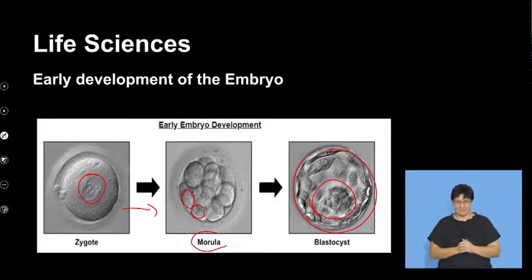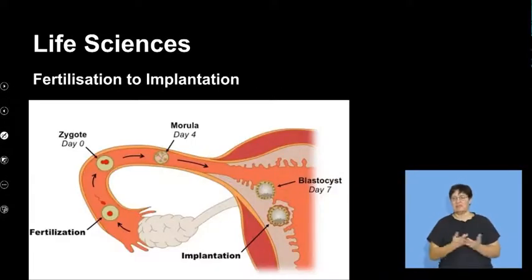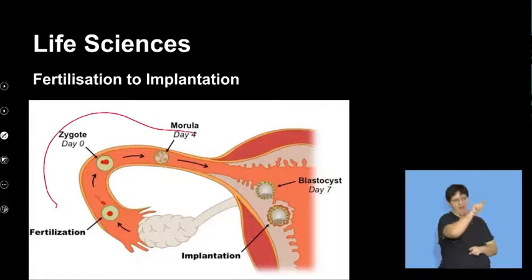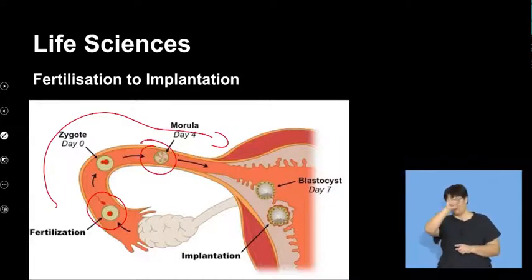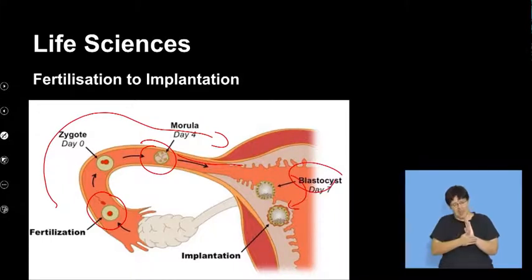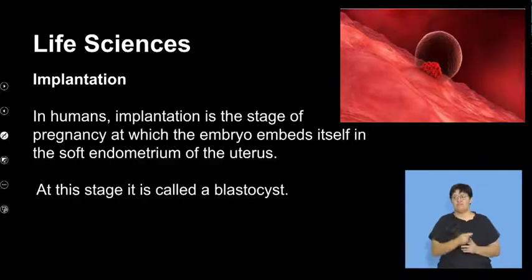And this blastocyst is now ready to be implanted. This is another image that shows you the development from the point of fertilization to becoming the morula, to then the blastocyst attaching onto the lining of the endometrium. And that process we refer to as implantation.